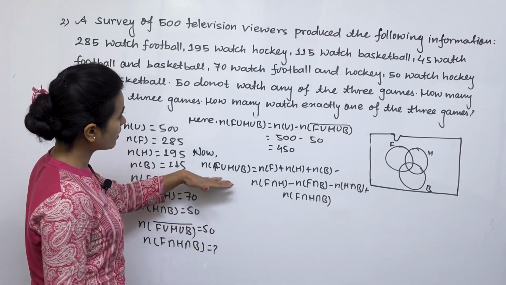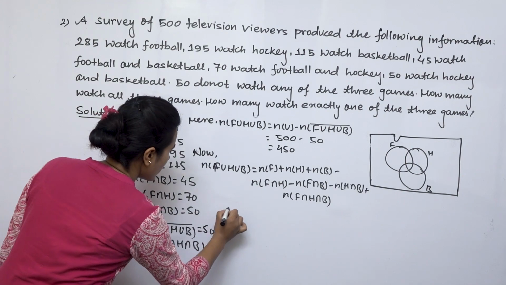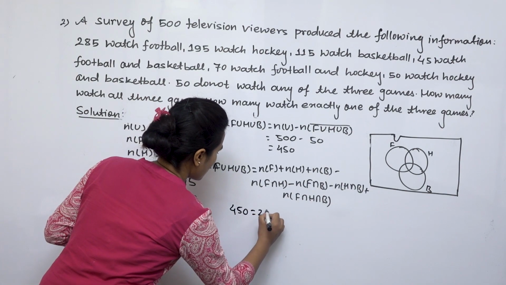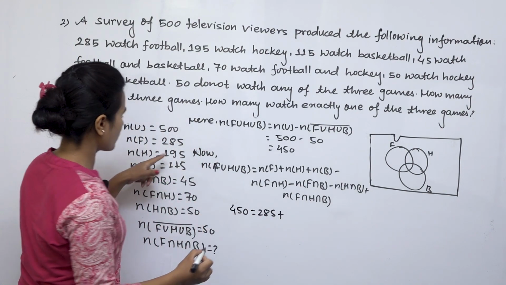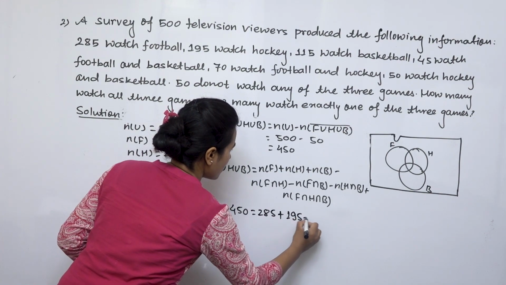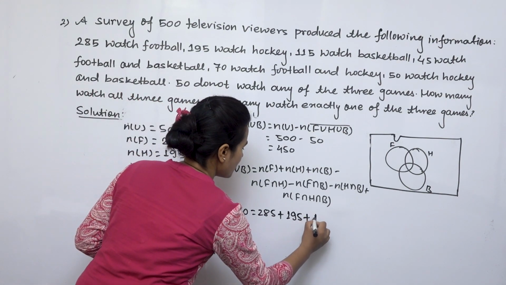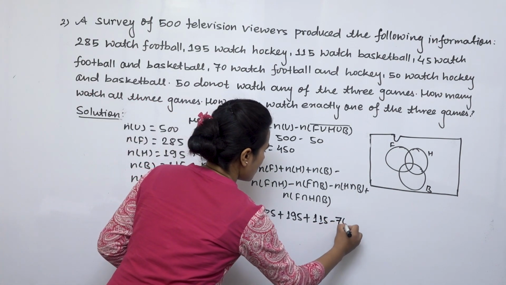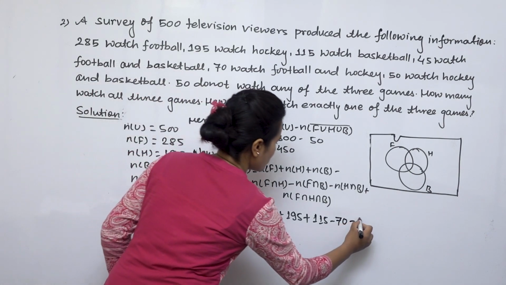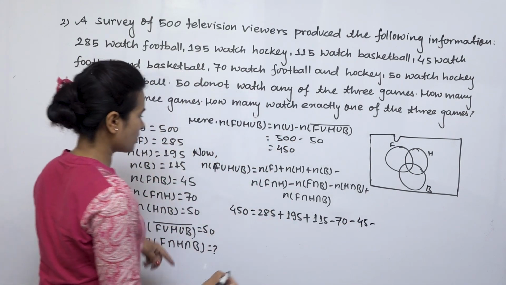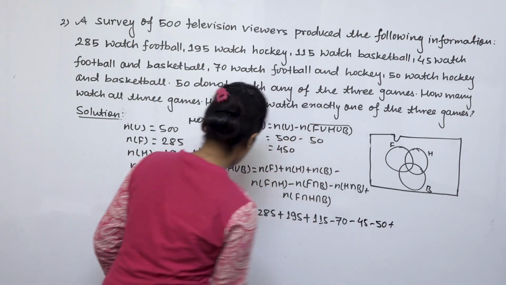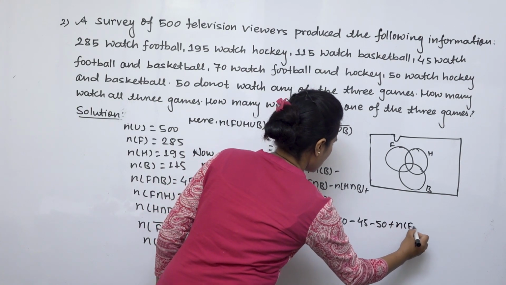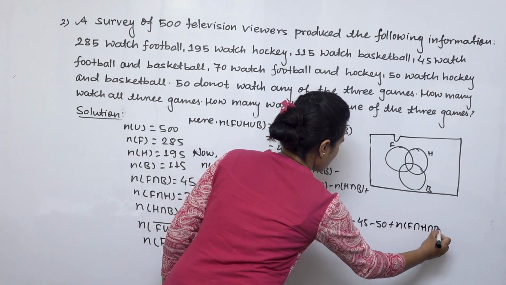So let's replace the values: 450 equals n(F) which is 285, plus n(H) which is 195, plus n(B) which is 115, minus n(F intersection H) which is 70, minus n(F intersection B) which is 45, minus n(H intersection B) which is 50, plus the intersection of all sets, which we don't know, so we write it as n(F intersection H intersection B).